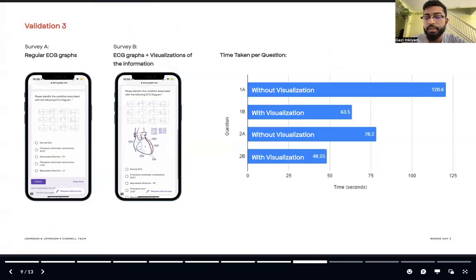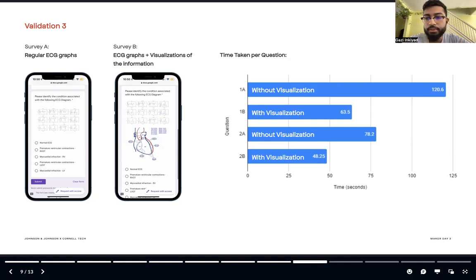Additionally, we went into the field and tried to get actual hard numbers. What we did was send different medical practitioners and experts to answer a few questions regarding diagnosing cardiac problems. You can see on the left side that we had 12-lead ECG data without any visual tool or anything like that.